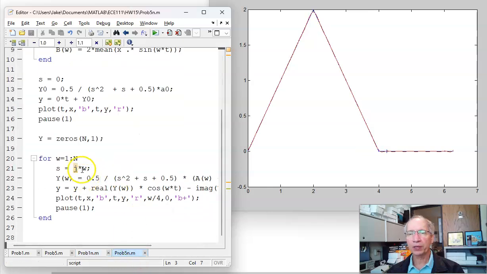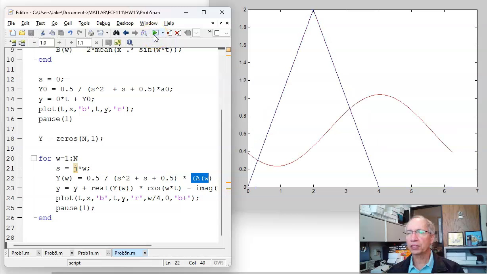At any given frequency, I know the frequency, I know the gain at that frequency, I know the input at that frequency, output is gain times input. Add them all up, I get the total output. Kind of like so. This is the DC term, first harmonic, second, third, fourth, fifth, sixth, seventh.